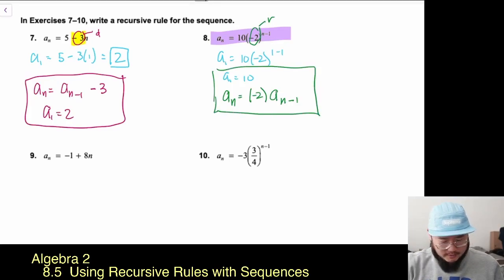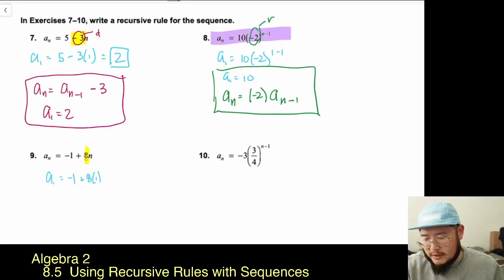Taking a look next at number 9. Looking at the problem, it looks to me like it's arithmetic. So remember, once again, that 8 right here will represent your common difference, and then we have to find a sub 1, and a1 is going to be equal to -1 plus 8 times 1.